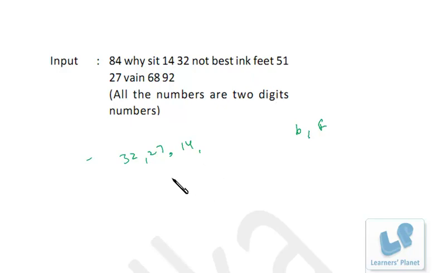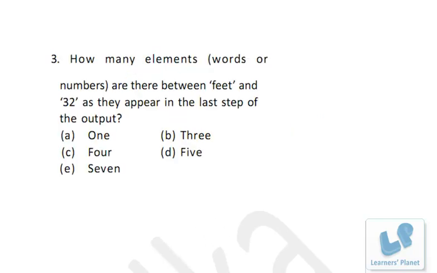And we have to calculate between 32 and feet, so we have 27, 14 and best. Only 3 words, I'm sorry, words or numbers. So that's 3, right? No need to write each and every step, no need to write the entire arrangement. I hope you are getting me.